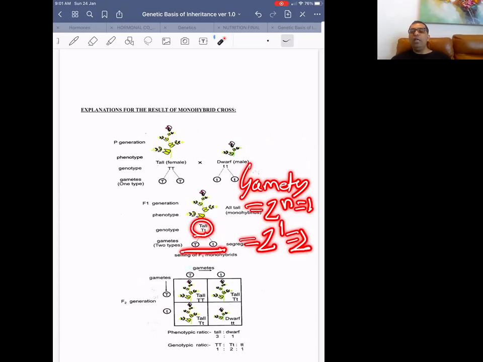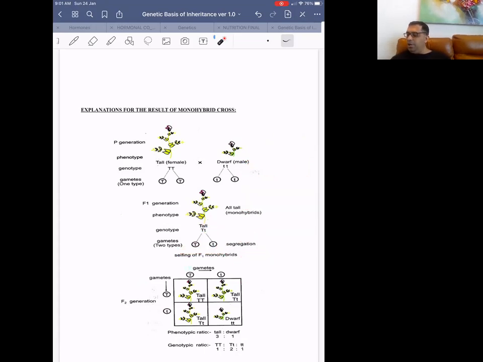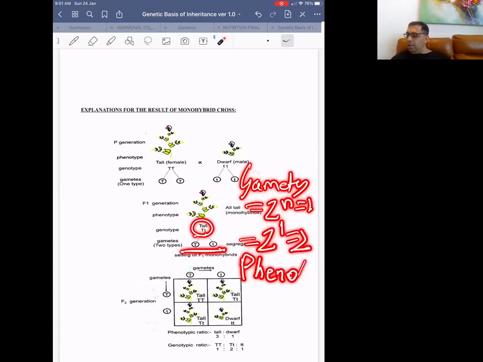Number of phenotypes is again 2 raised to 1, which equals 2. You get tall and dwarf, only two types of phenotypes.